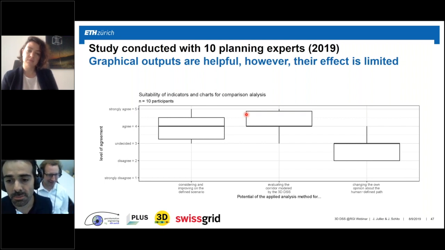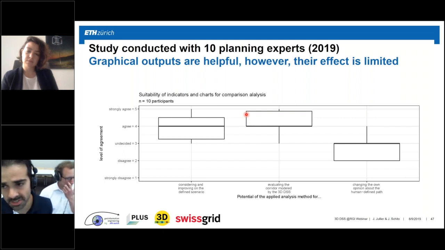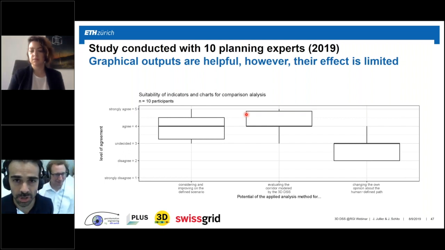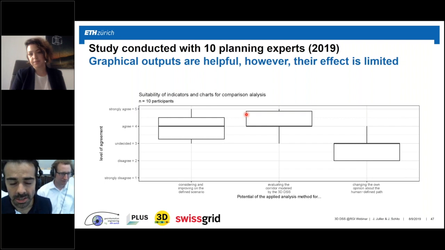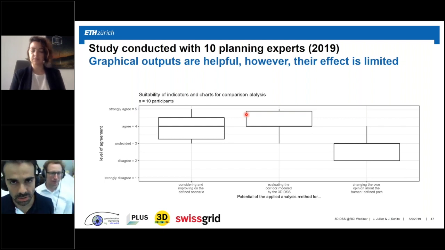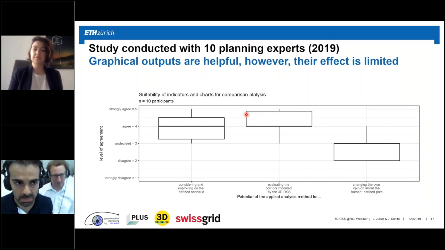It is also very helpful for evaluating the corridor modeled by the 3D DSS. However, totally on the right, you see that the capability of changing the opinion is limited, which means that we should work, and we will work in future, on improving this capability to change the user's opinion towards a better or even more optimal solution.